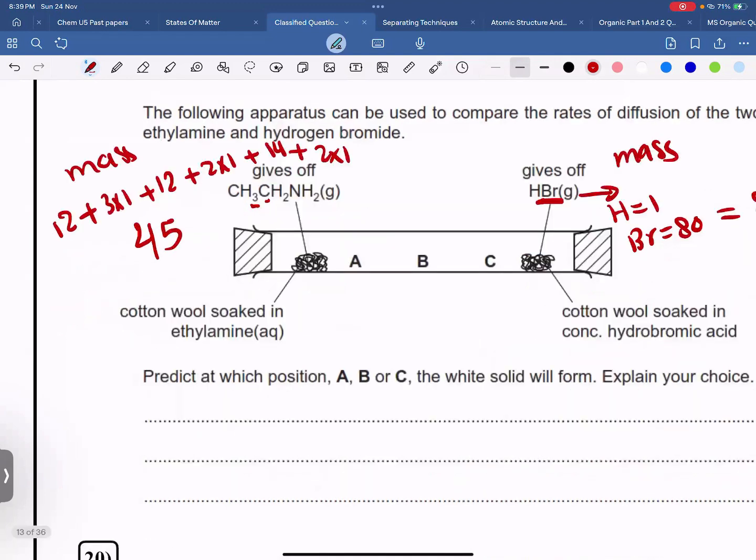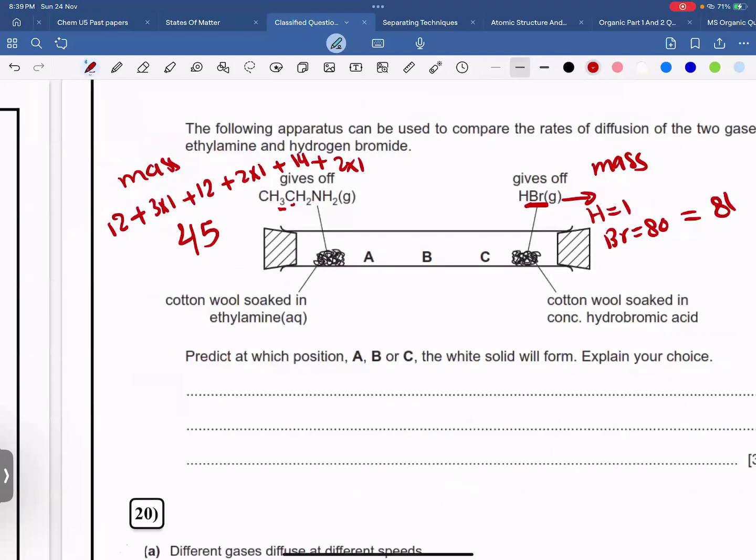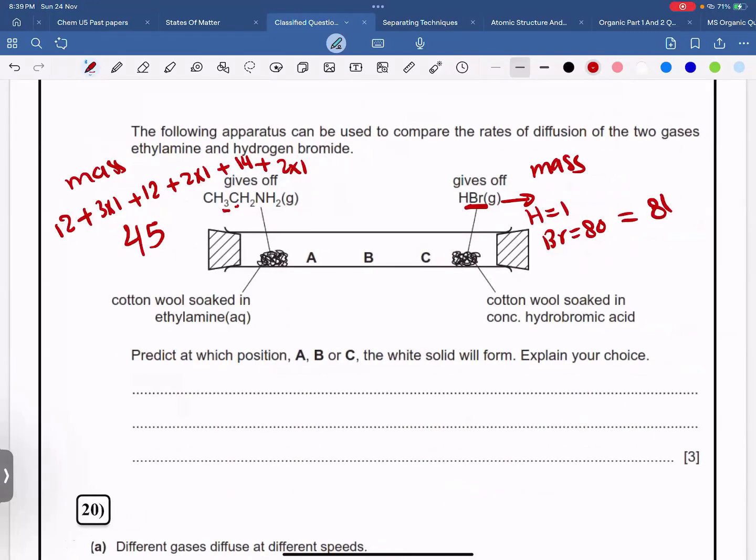So which one is heavier? Hydrogen bromide is heavier than ethylamine. So HBr diffuses slower than ethylamine. Ethylamine diffuses faster at the same time.